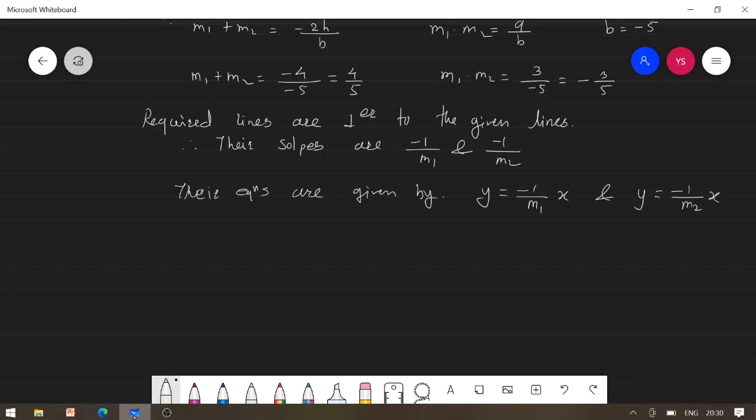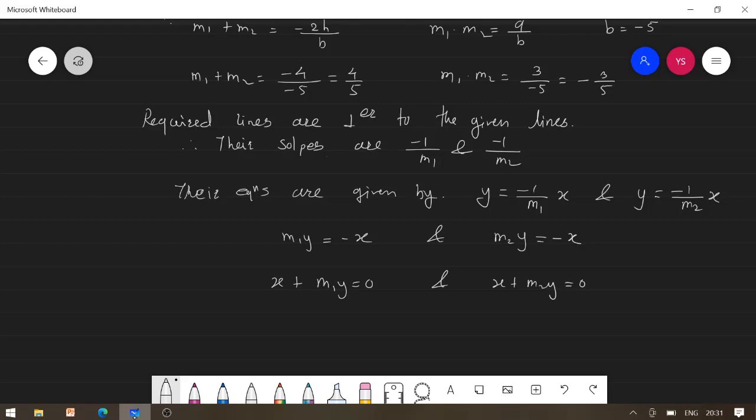So we will get here after shifting m1, m1·y = −x, and after shifting m2, m2·y = −x. Try to convert now both equations in terms of the standard form of equation like ax + by + c = 0. We might get x + m1y = 0 and x + m2y = 0.